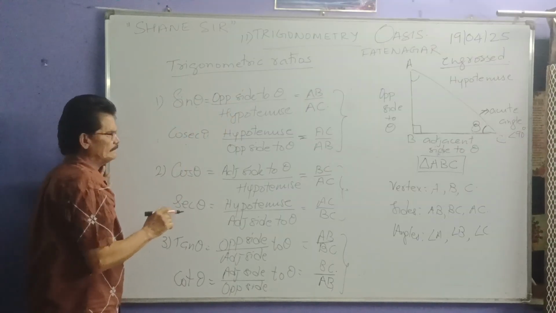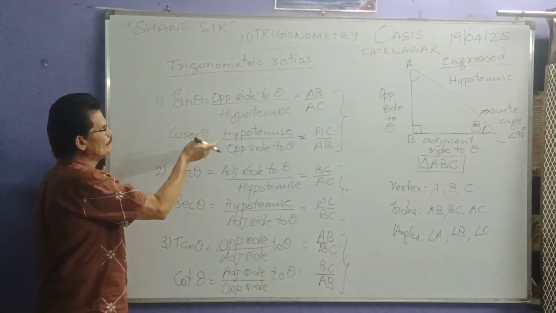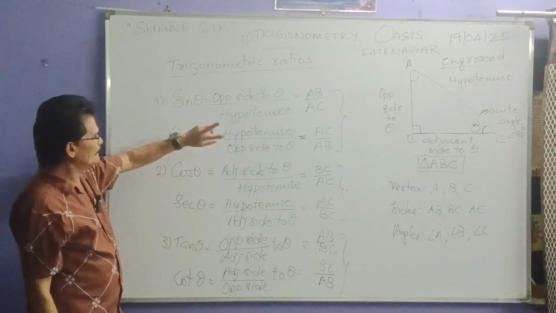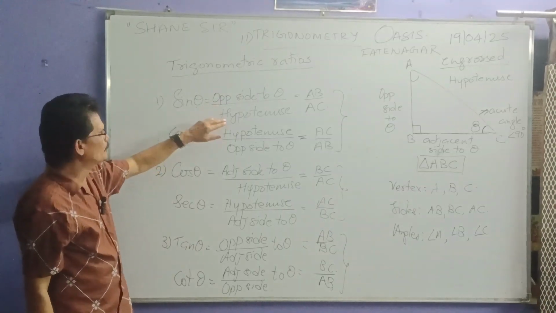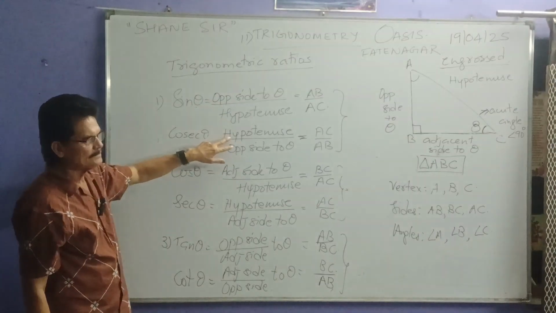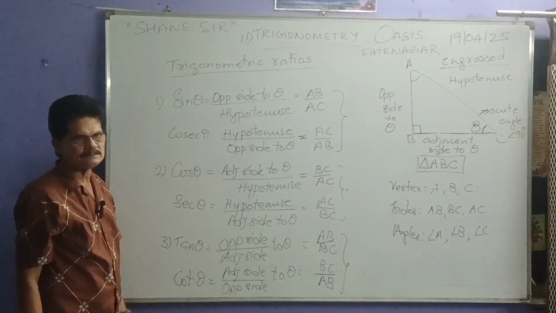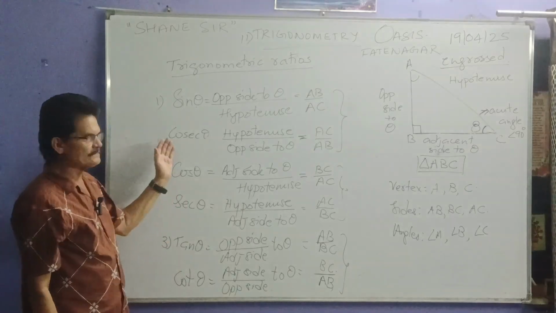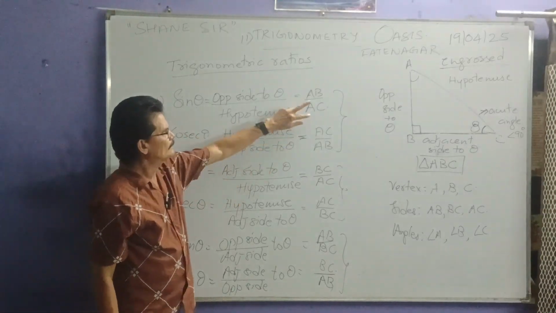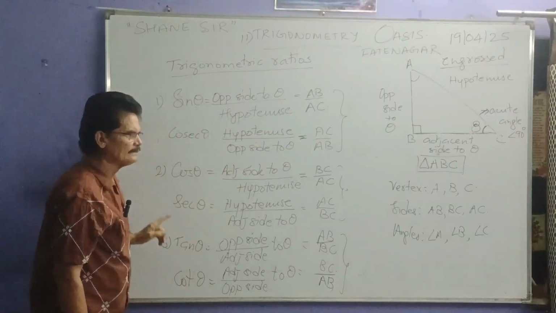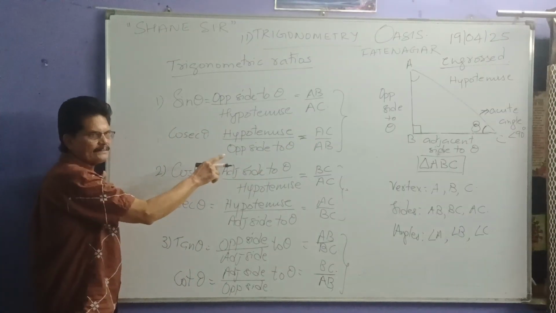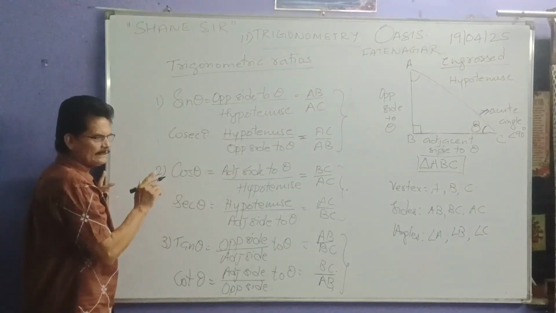Cosec theta is inverse of sine theta. Inverse means the numerator becomes denominator and the denominator becomes numerator. So cosec theta is hypotenuse by opposite side, AC by AB.